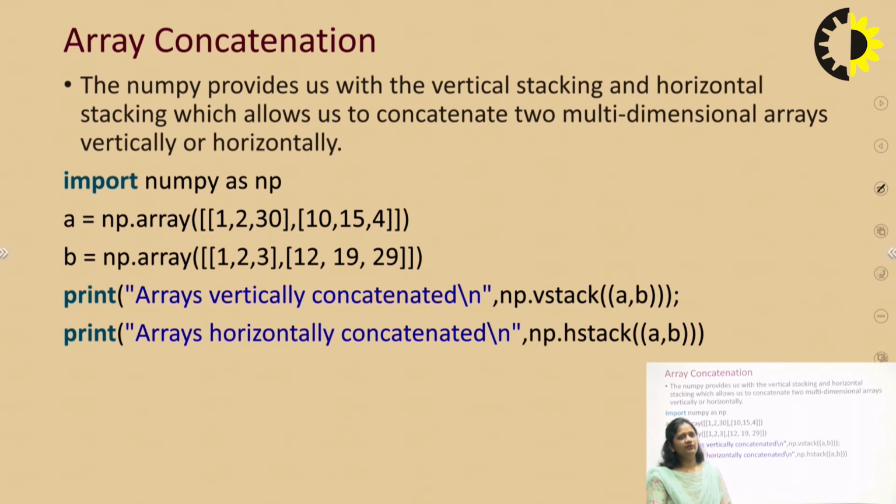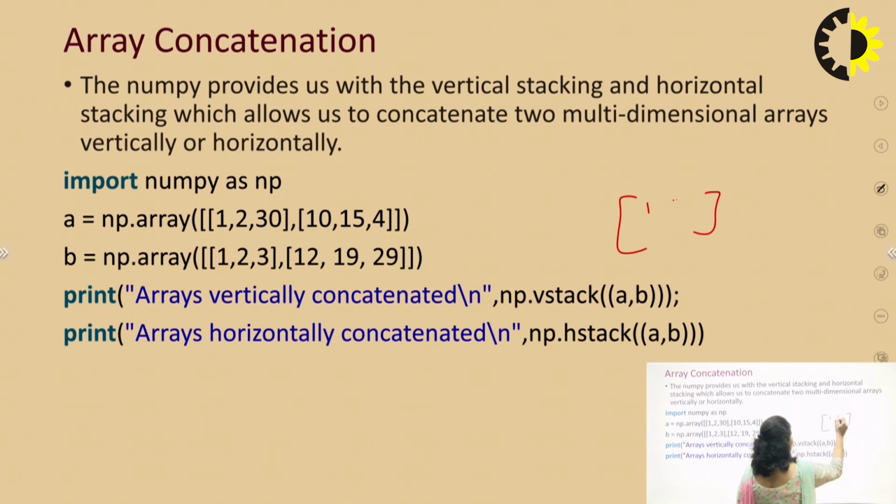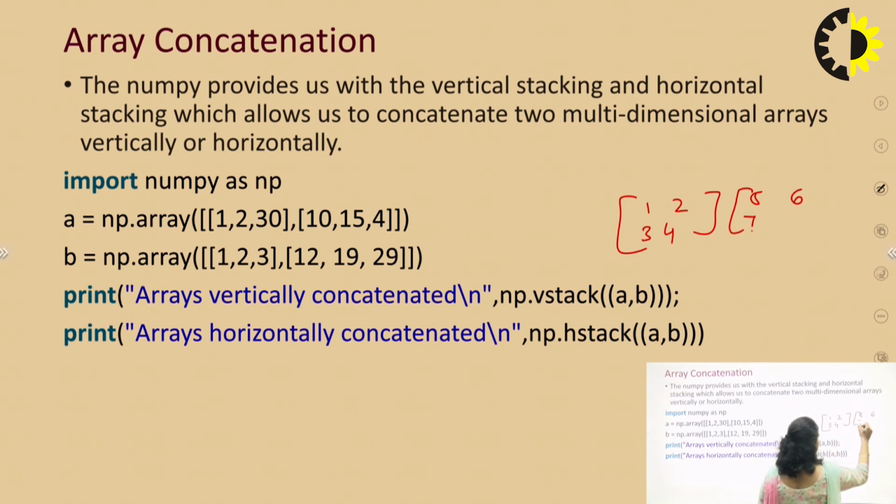Okay. Now, array concatenation. Numpy provides us with vertical stacking and horizontal stacking, which allow us to concatenate two multidimensional arrays horizontally and vertically, like 1, 2, 3, 4, 5, 6, 7, 8.